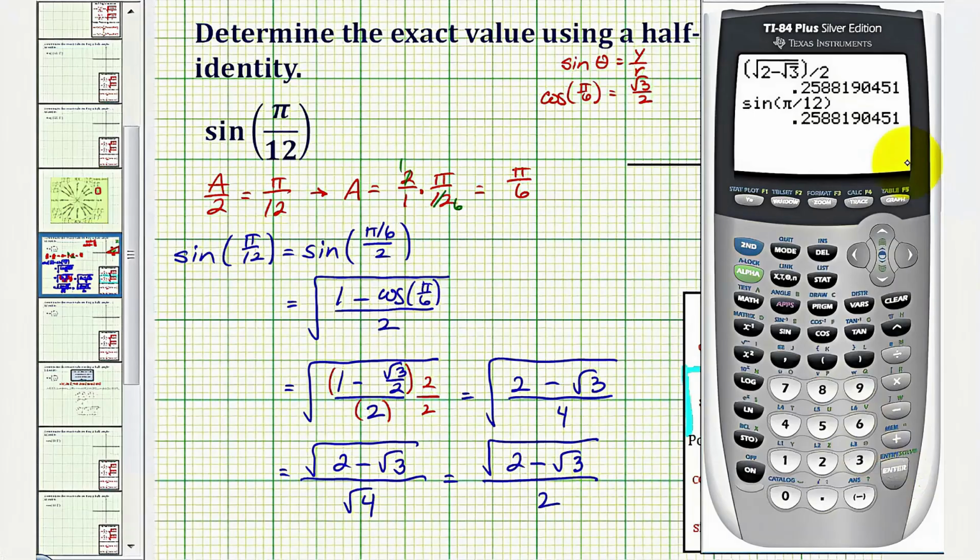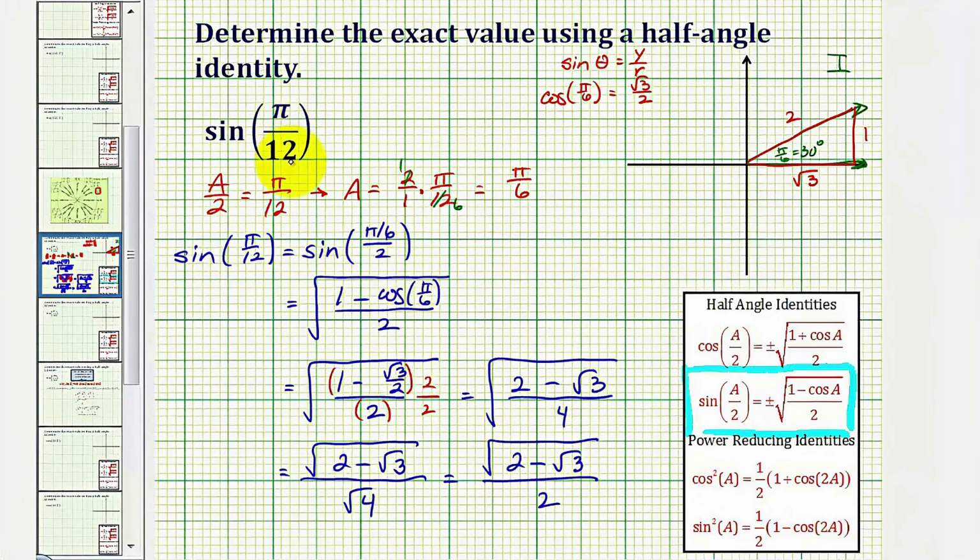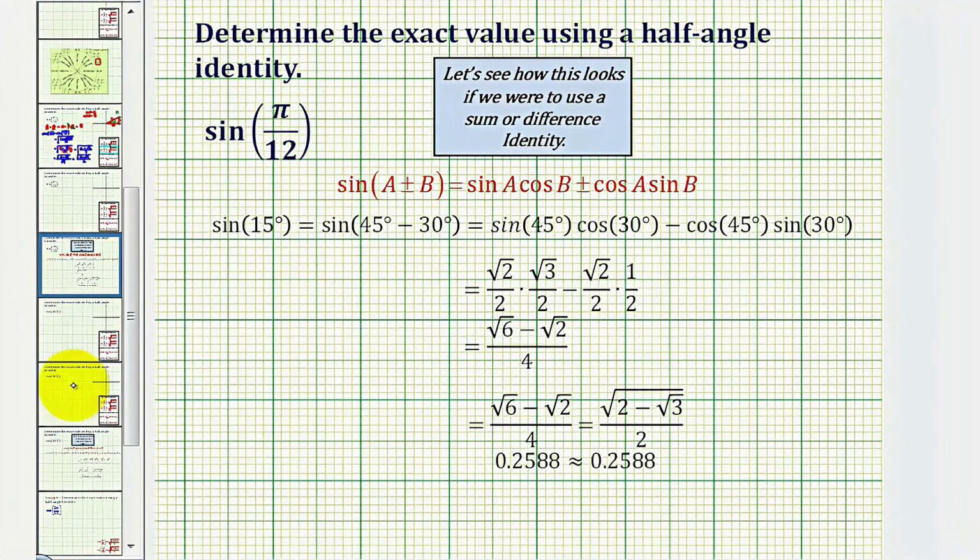There's one more thing I do want to point out though before we go. We did find the exact value of sine pi over 12, or sine 15 degrees, using a sum or difference identity as well. Though the result did look different, it is the same exact value. So let's do a quick comparison. Again, we know that pi over 12 radians is equal to 15 degrees, which is also equal to 45 degrees minus 30 degrees.